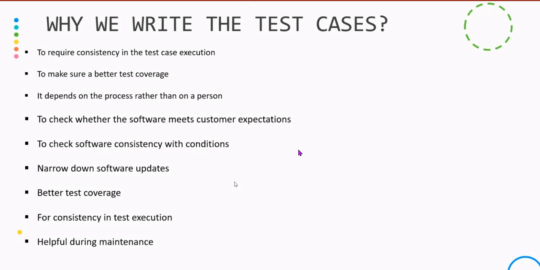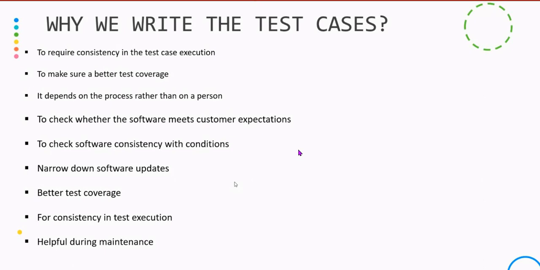That means a tester is testing an application. When there is a first release, he is the tester who tests it. In the second release also the same person does it. But in the third release, the person is not available in the company.